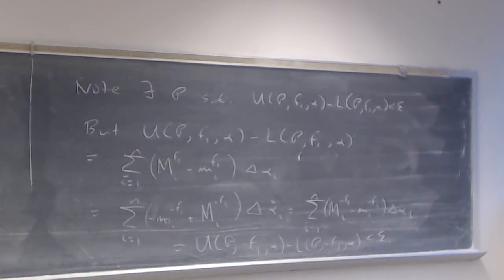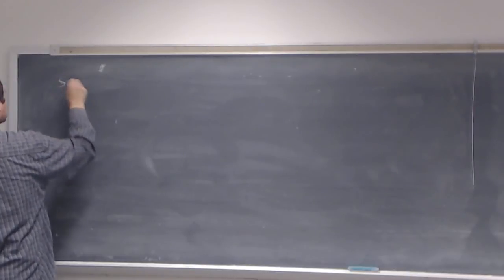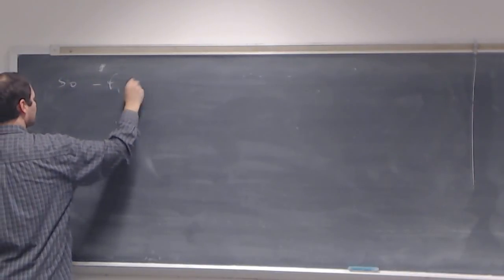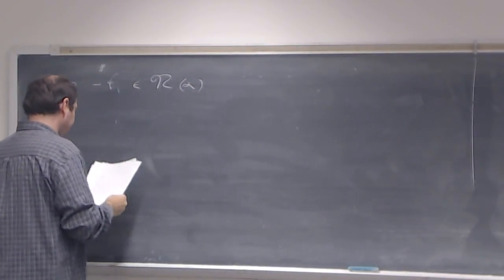Almost done. So what that tells us, so that says that minus f sub 1 is an element of Riemann integrable functions with respect to alpha.